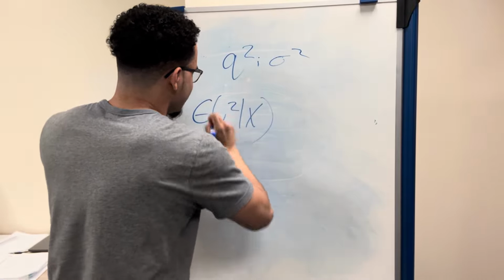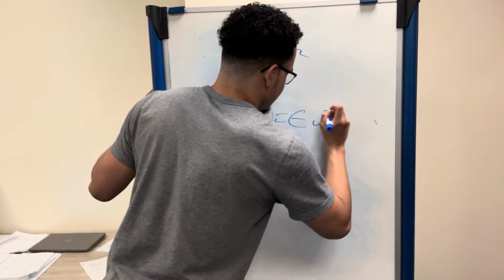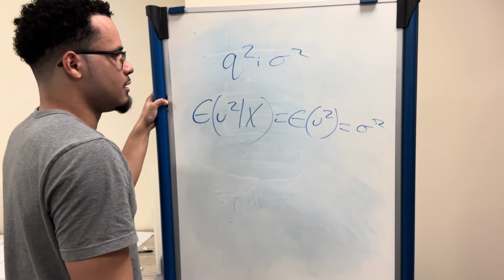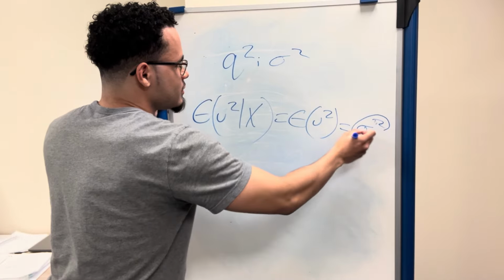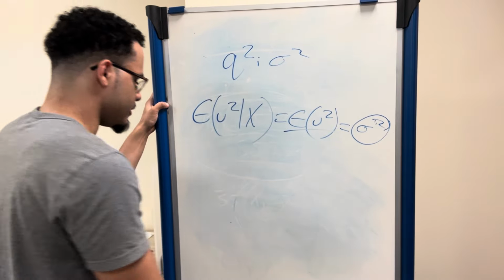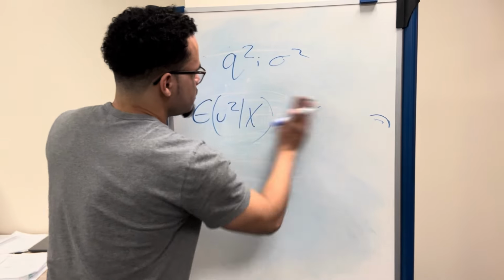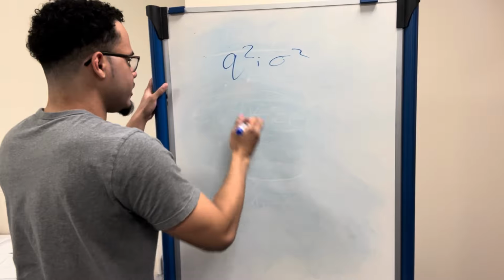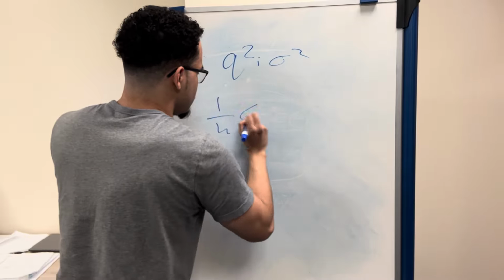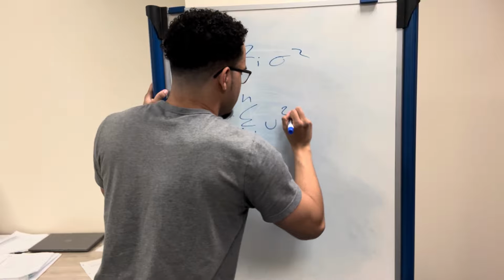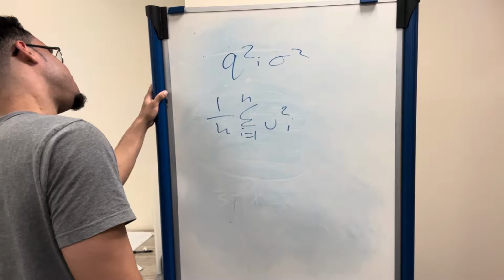About 12 minutes ago, I said this, right? So we can estimate our variance by just taking the expected value of the unobservable squared. So that's what we're going to do. If we take the expected value of our unobservable squared, it's essentially the average of our unobservables.